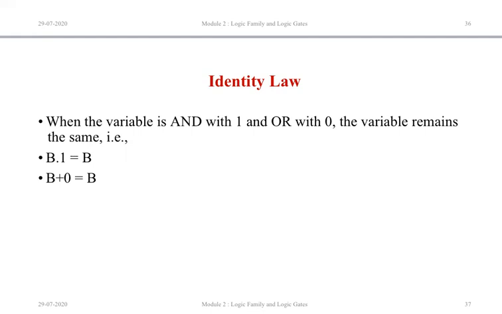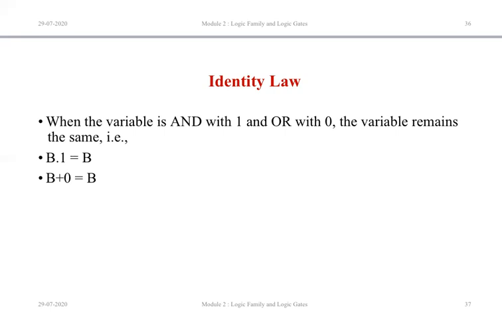The identity of b is not changing. It is remaining as b. b is my variable. b dot 1 is b. That we also know: anything multiplied by 1 is the same thing. And b plus 0, 0 has no value. b plus 1 was just 1, but b plus 0 will be b.